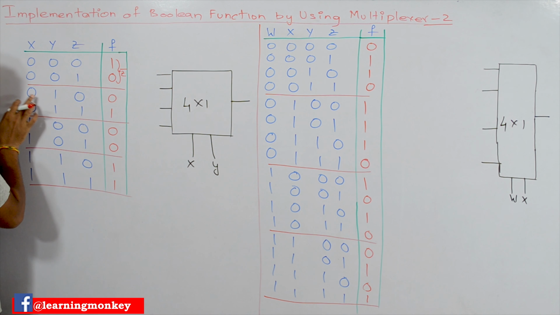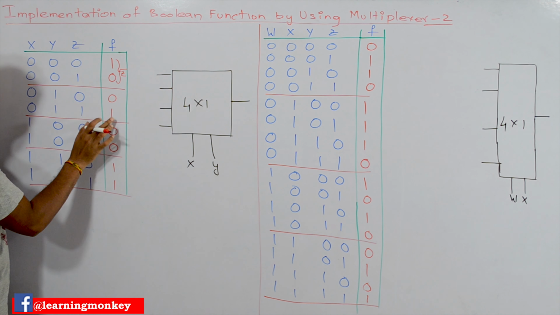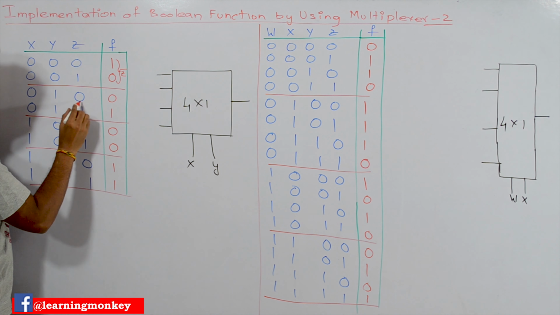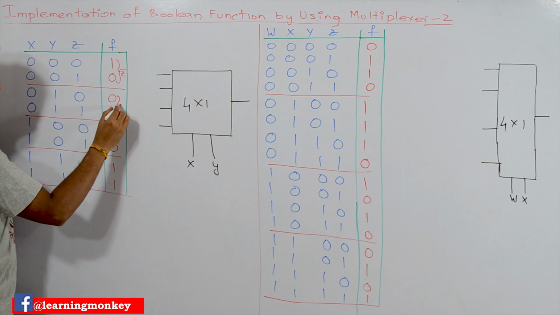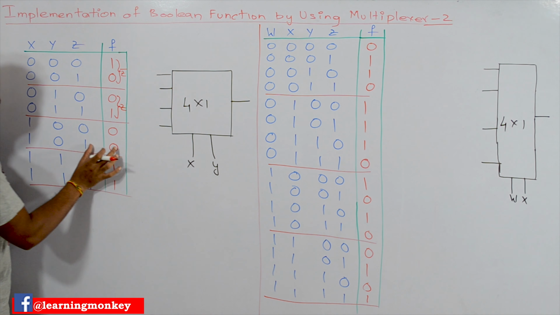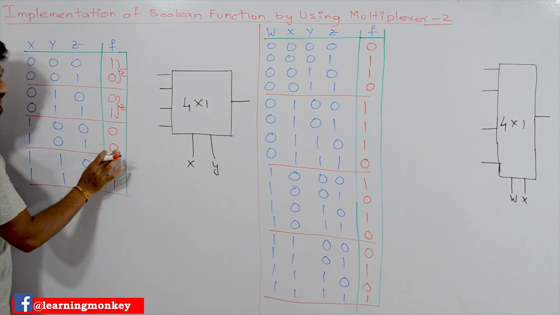Now whenever the values of xy are 0, 1, how is the function behaving? The function is behaving the same as z. So it is z. Whenever the values of xy are 1, 0, how is the function behaving?